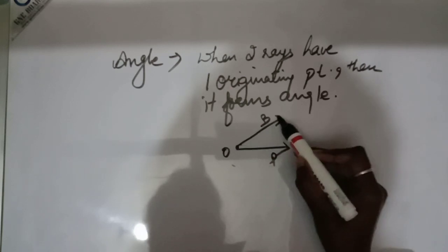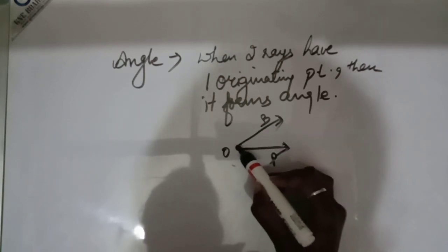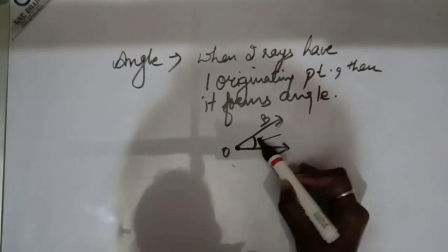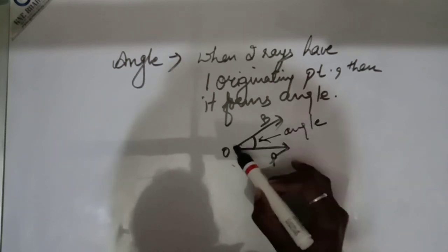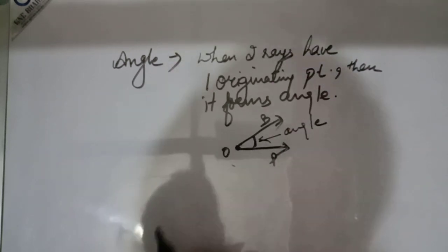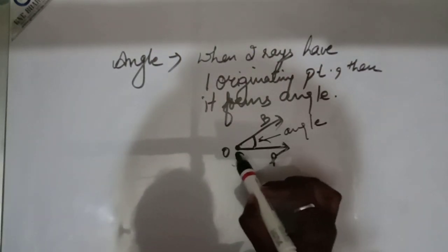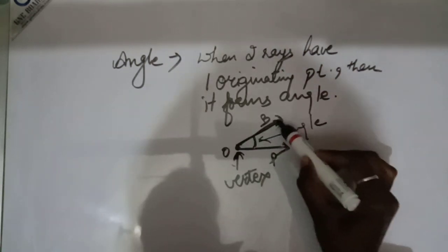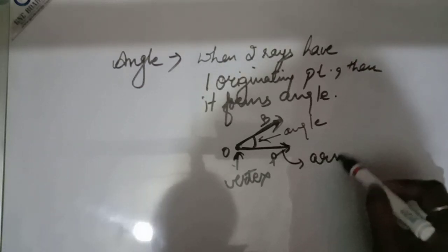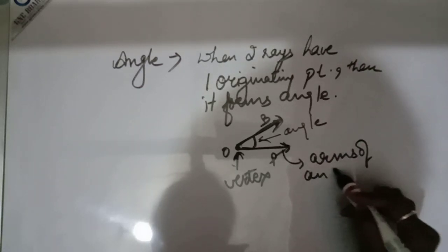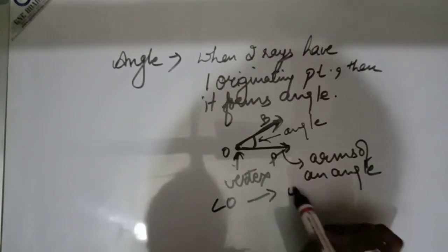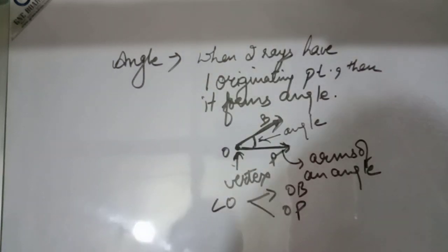These two rays have one originating point, that is O, and this part is the angle. That is, these two rays form an angle at O. This common point is called the vertex, and this ray and this ray are called the arms of an angle. The arms of angle O are OB and OP. Okay?